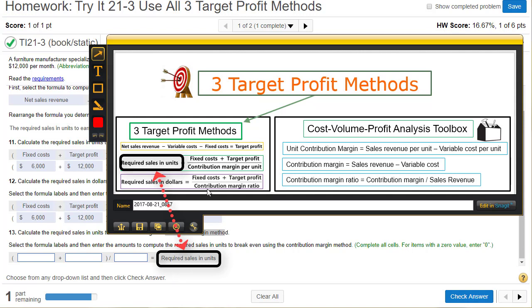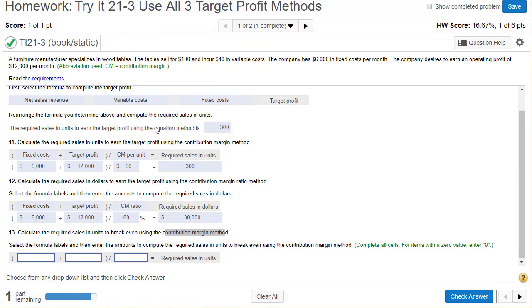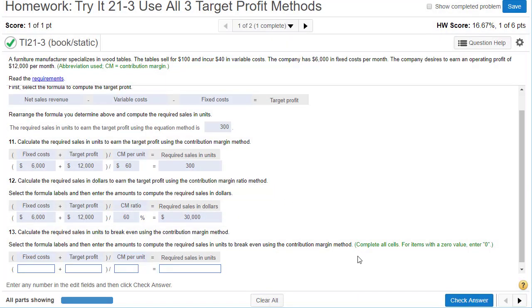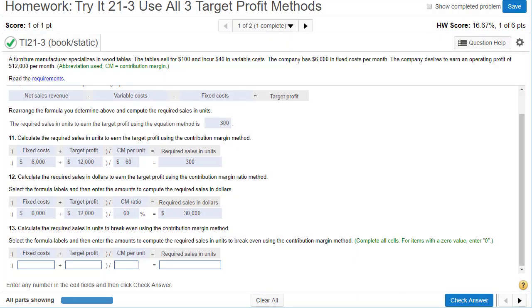Notice that's the same as right here, equals fixed cost plus target profit divided by contribution margin per unit. So that was fixed costs plus the target profit, which in this case is going to be 0, divided by contribution margin per unit. So now we just need to plug in the numbers.